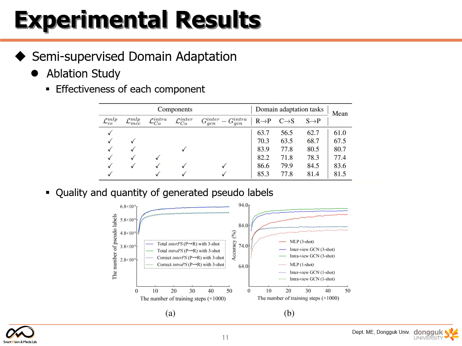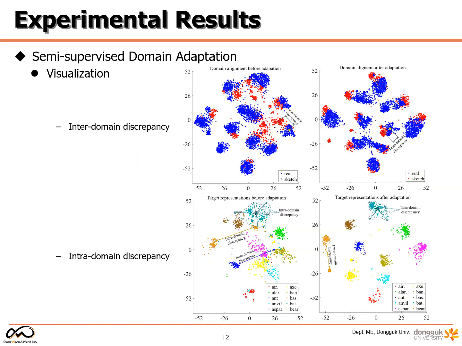For the ablation study, we evaluate the effectiveness of each component in the proposed method. We also verify that the ZCN classifier can provide very high quality and large amounts of generated pseudo-labels. And in the visualization, we demonstrate that our method can minimize the inter- and intra-domain discrepancy.